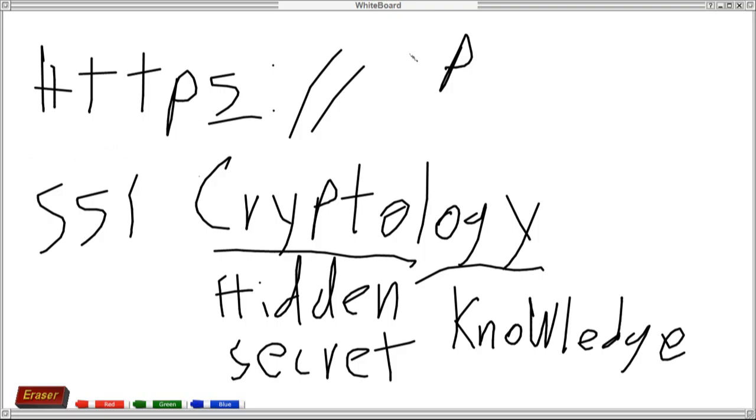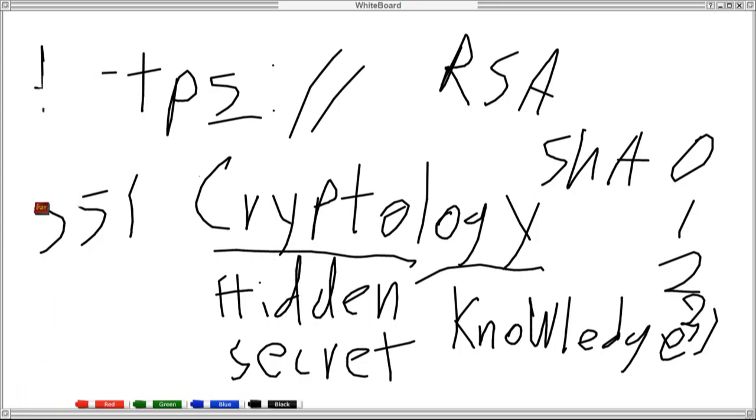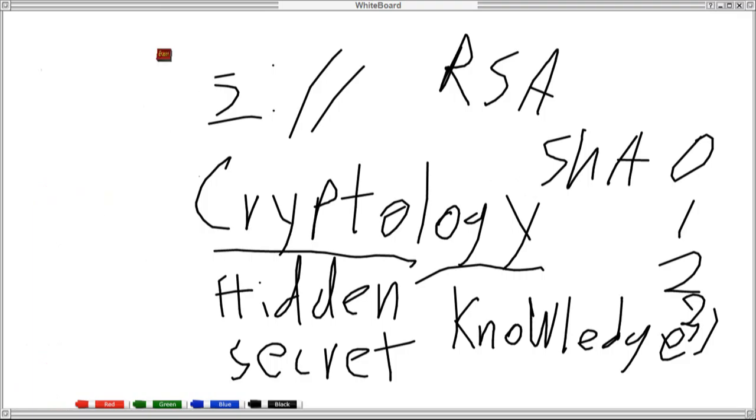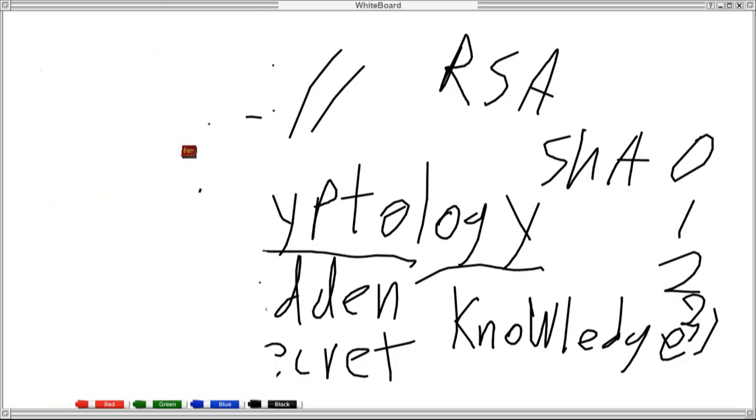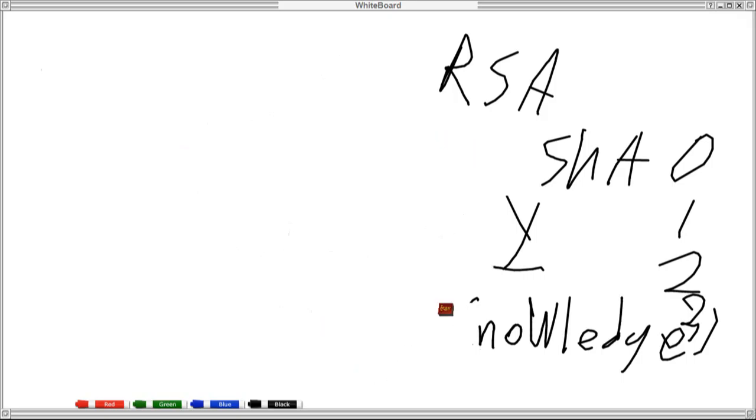There's RSA, there's SHA 0, 1, 2, and I think they have 3. I'm not really sure. All these are encryptions, and the reason they want this is that it pretty much keeps things confidential between two people.